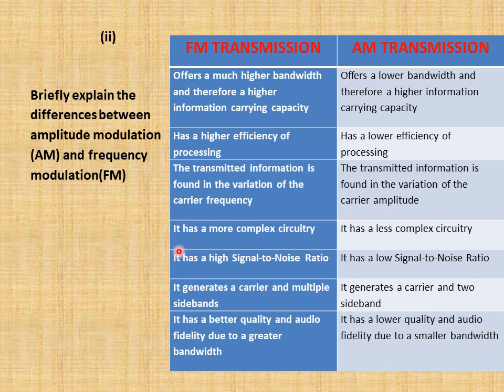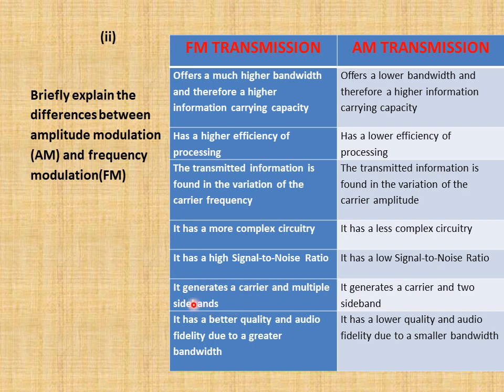Frequency modulation transmission has a more complex circuitry, while amplitude modulation transmission has a less complex circuitry. Frequency modulation has a high signal to noise ratio, whereas it is low with amplitude modulation.